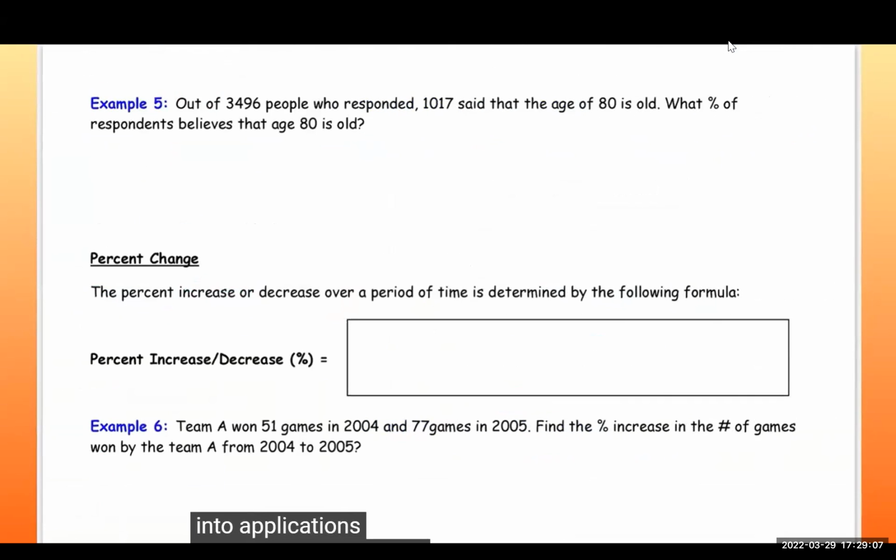All right, moving on. Now we're getting into applications. So let's look at this first application. It says, out of 3,496 people who responded, 1017 said that the age of 80 is old. What percent of respondents believe that 80 is old? So we need to find the decimal first. The ratio is 1017 out of 3496 think that 80 is old.